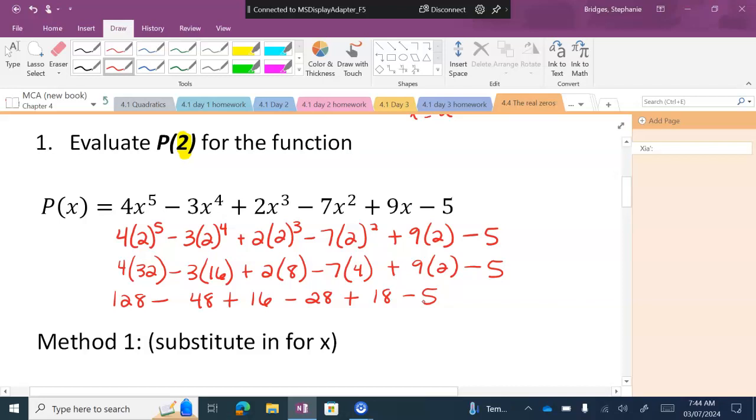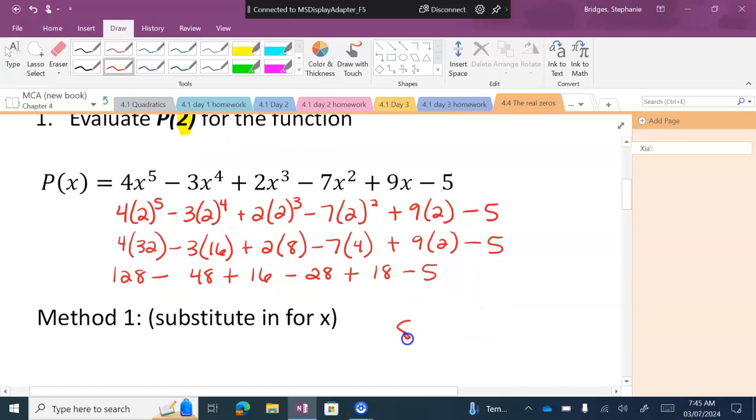Now we can just do the rest of it in the calculator. 128 minus 48 plus 16 minus 28 plus 18 minus 5. And what do we get? 81. So that's the value of the polynomial when x is equal to 2.